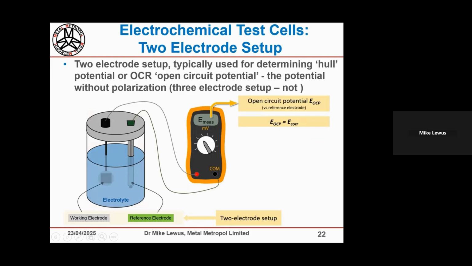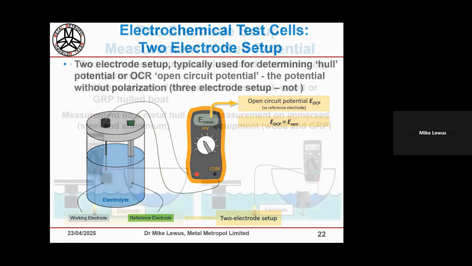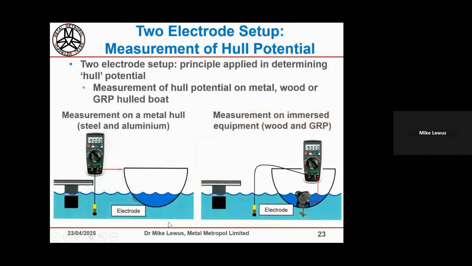And so we can do this basic measurement. We can measure the electrode potential on another metal. There's a little slide showing you a simple two-cell setup, which really mirrors this kind of thing.